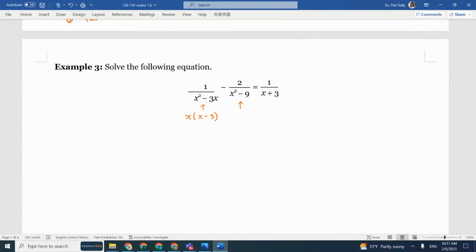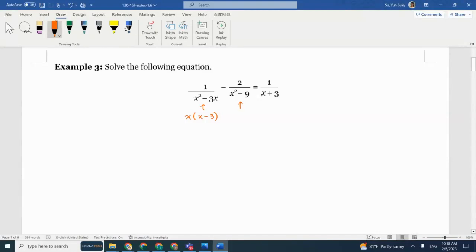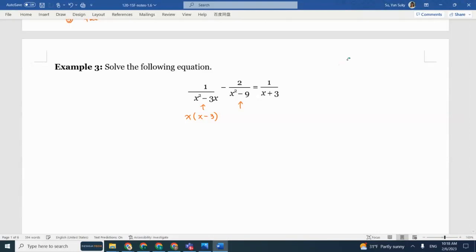Okay, look at the second term. How can we factor x squared minus 9? 9 is what squared? 3 squared. Okay, write down the formula. I know you forgot that. If you see a squared plus b squared, can you factor it?